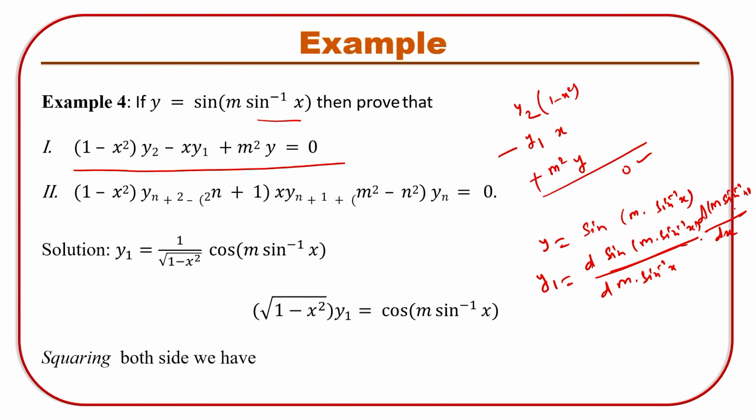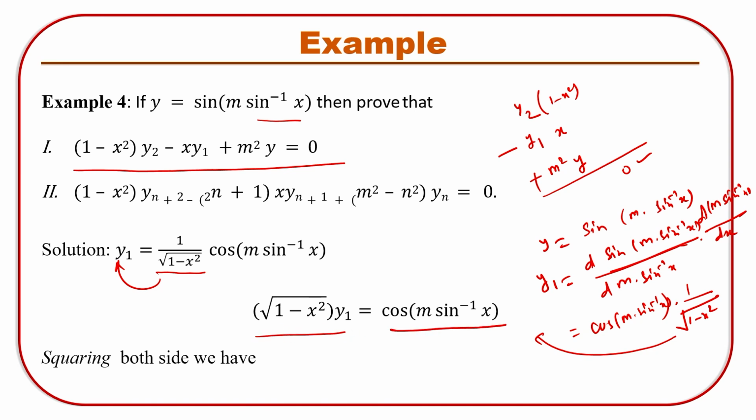So d of m sin inverse x is m into 1 divided by square root of 1 minus x square, and the first one becomes cos of m into sin inverse x, into 1 divided by square root of 1 minus x square, right? So that is what we will get here. Now take this outside, so you will get square root of (1 minus x square) y1 is equal to m cos(m sin inverse x).